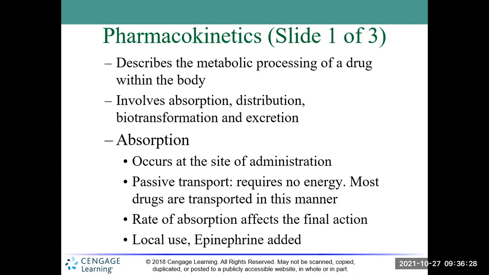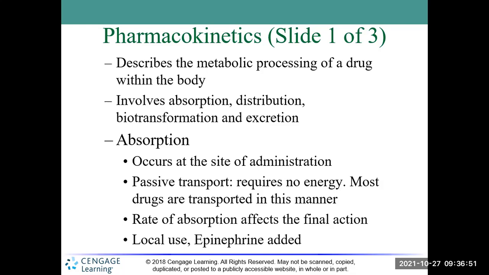Now, with local use of medications, many times they're absorbed too quickly. So epinephrine may be added to some of the solutions because it causes vasoconstriction in the area. So it will slow down the rate of absorption at the local site.